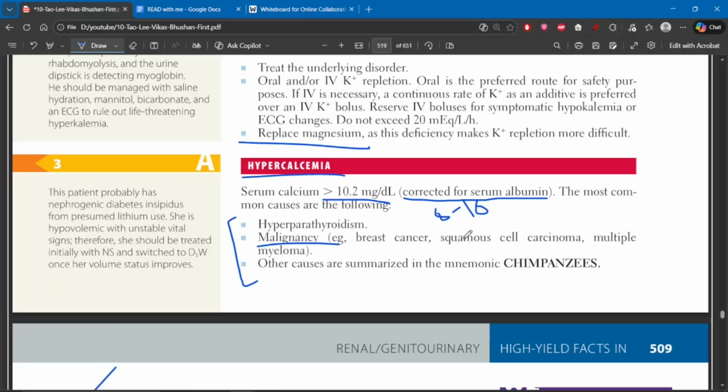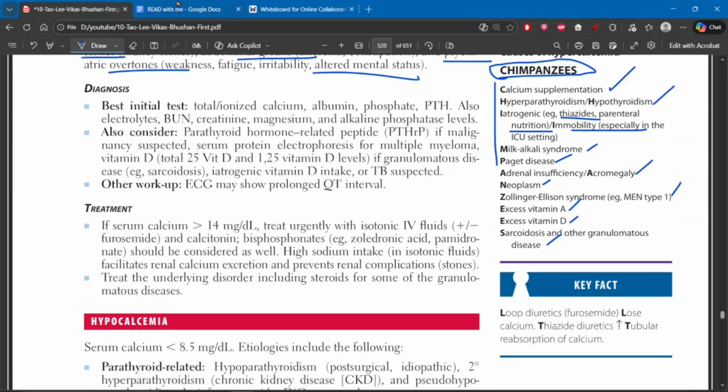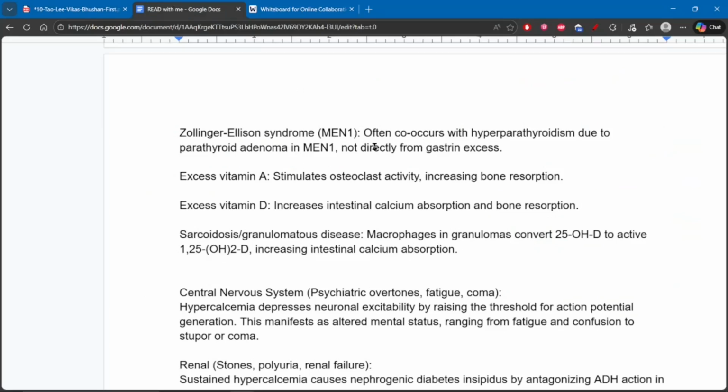Zollinger-Ellison syndrome, I guess this was remaining. Yeah, so Zollinger-Ellison syndrome occurs in the MEN1 disorders that often co-occur with hyperparathyroidism as well, due to parathyroid adenoma in the MEN1. So Zollinger-Ellison syndrome is not directly the cause of hypercalcemia, but because it occurs in association with hyperparathyroidism, which we discussed earlier, how it causes hypercalcemia, then it is indirectly a cause.